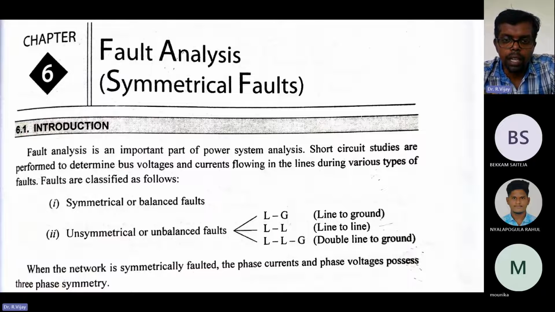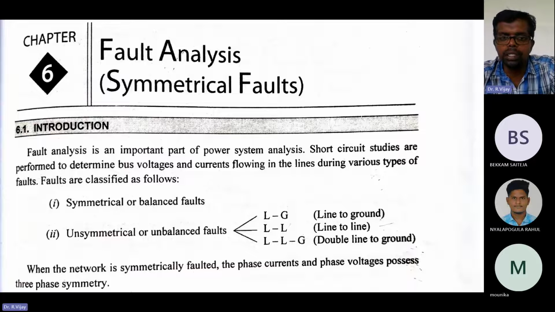As power system engineers, we are monitoring and we have more protection equipment to avoid those faults. But even though, the study of fault analysis is very, very important so that you can analyze the system and see what kind of fault is happening to the system at that time.